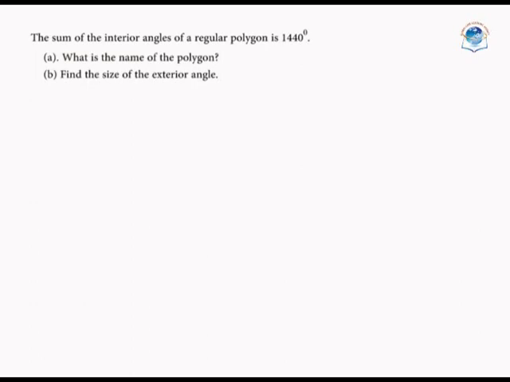In our solution for A, to be able to find the name of the polygon, we need to find the number of sides, and we know the number of sides is equal to the number of the interior angles. So the formula for calculating the sum total of the interior angles is n-2 times 180 degrees. So we equate that to 1440.